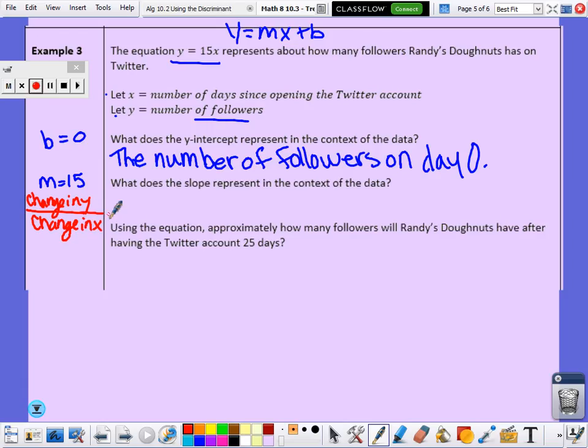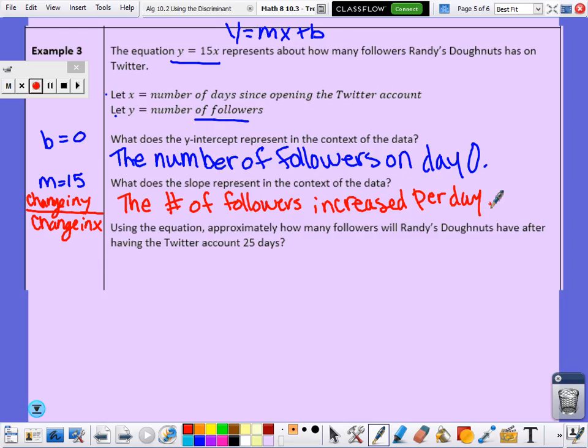If y is the number of followers, and it's positive, so he's gaining followers. So it's how many followers he gains per day. So for every day, how many followers he will gain. The slope represents the number of followers increased per day.